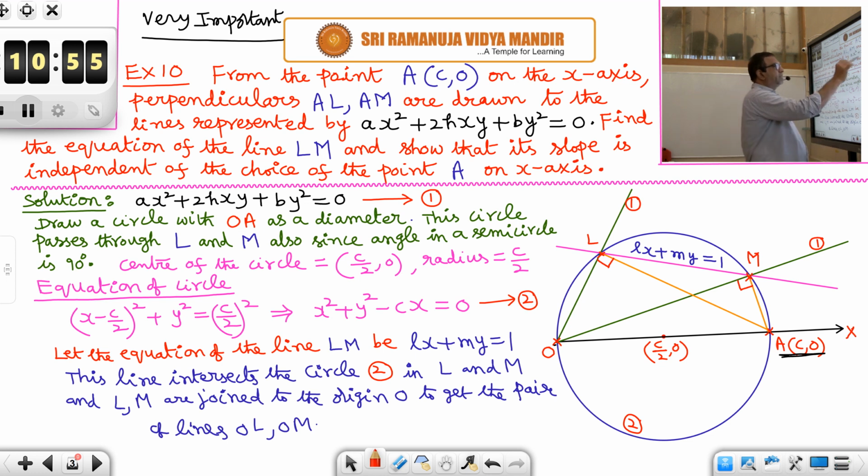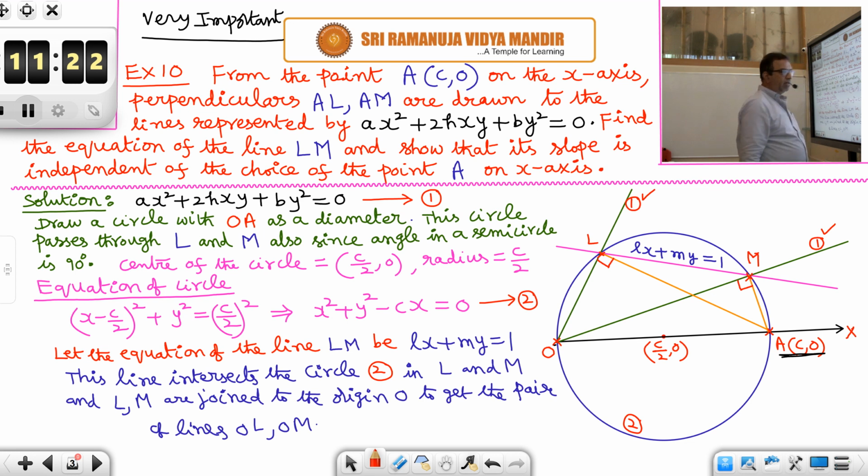Ax square plus 2hxy plus by square is equal to 0 is a pair of lines passing through the origin. They are represented by the green lines in the diagram. These two green lines will represent ax square plus 2hxy plus by square is equal to 0. Forget about the circle. Now on the x-axis a point A (c, 0) is there.